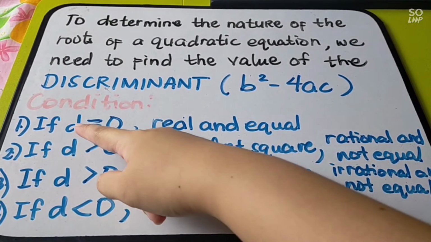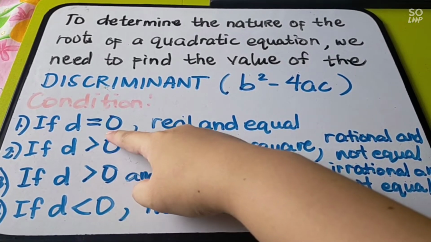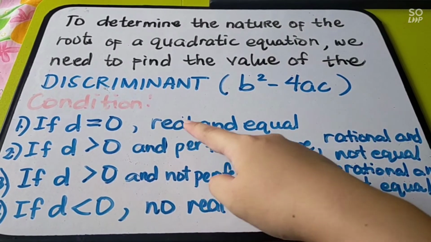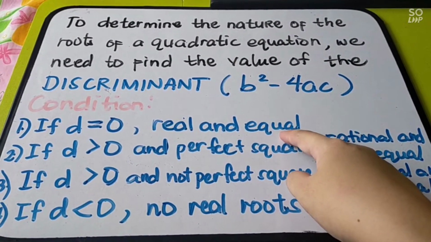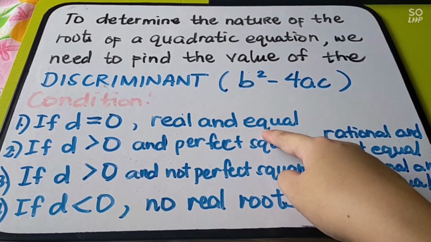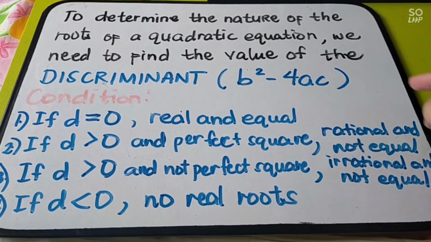If D means the discriminant. If the discriminant is equal to 0, therefore, your answer is real and equal. Right? Pag nag-equal to 0 daw ang inyong discriminant, therefore, real and equal, so magiging magkaparehas ang x's nyo. Is it clear?